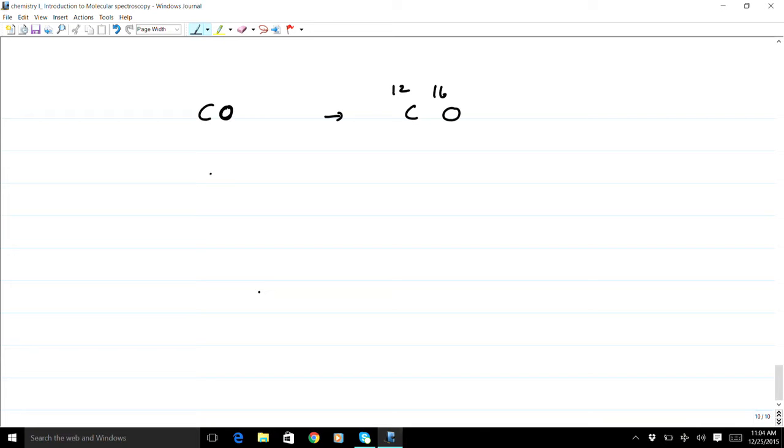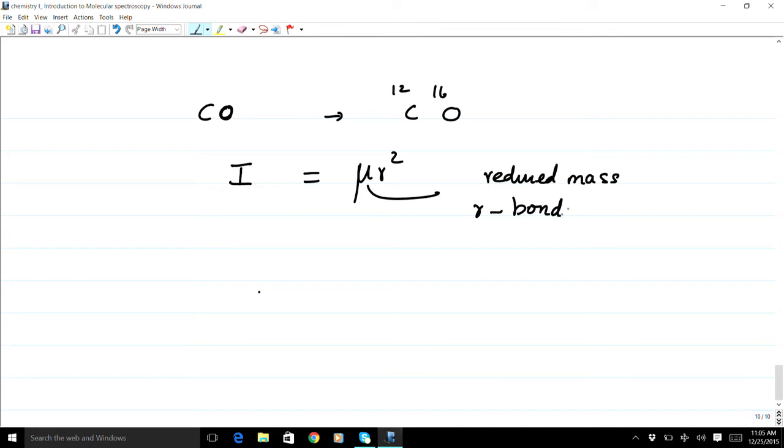Then the moment of inertia I is given by mu r squared, where mu is the reduced mass of the molecule and r is the bond length, the distance between the carbon and oxygen. Let us assume equilibrium. I will not worry about excited states and so on.